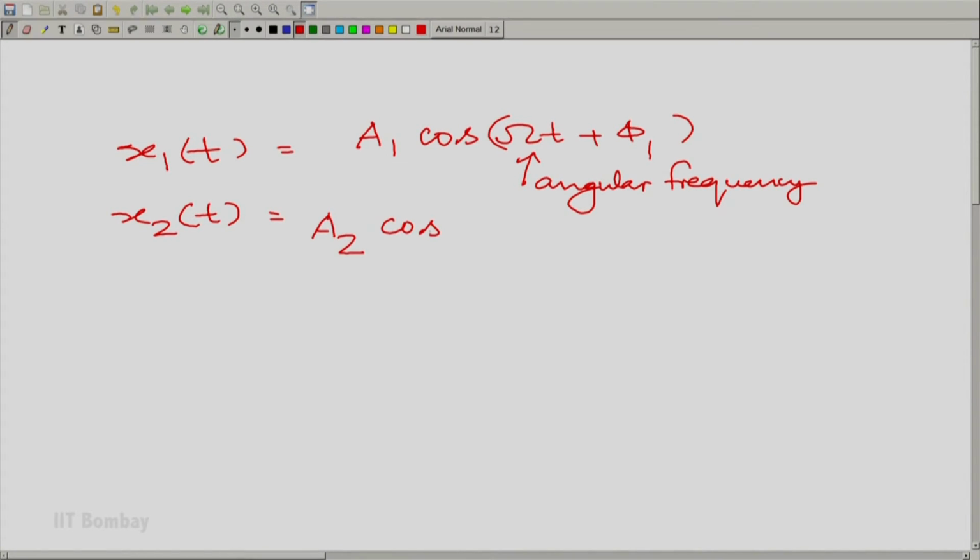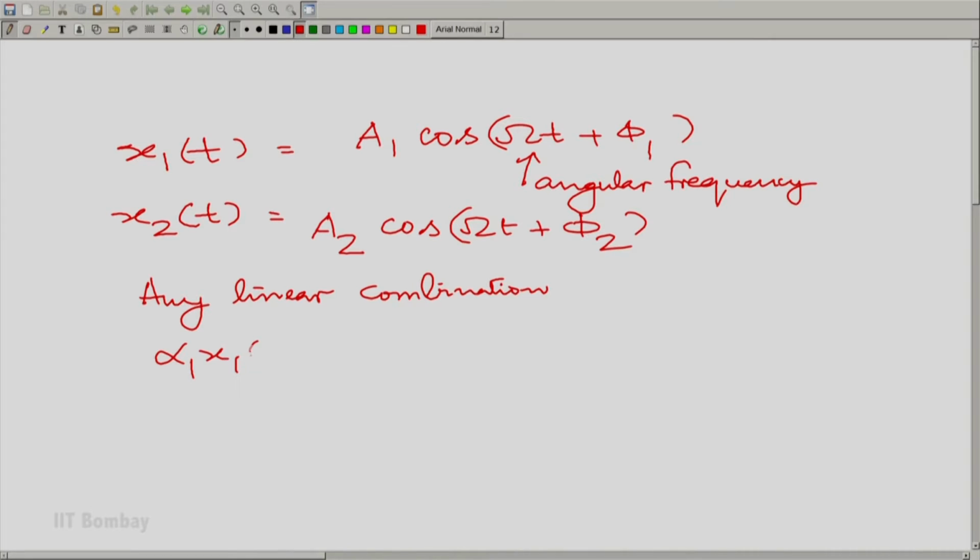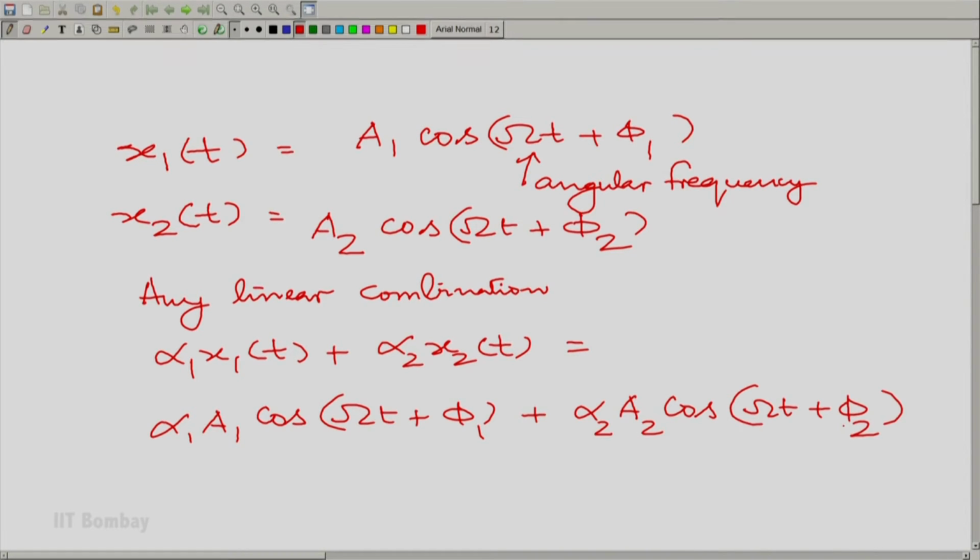So, here you have x2(t) = A2 cos(Ω t + φ2). Now, let us add in fact any linear combination, say α1 times x1(t) plus α2 times x2(t), which essentially becomes... Now, let me decompose x1 and x2.